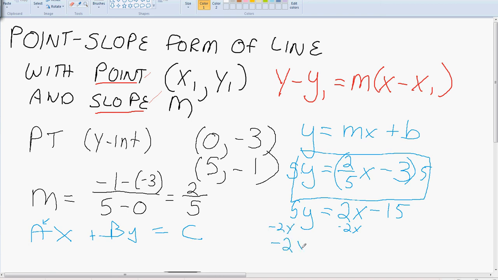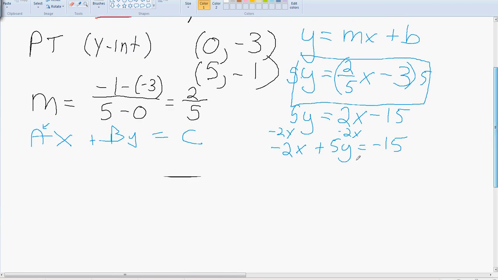I've got negative 2x plus 5y equals negative 15. It's almost there, but we usually like the first coefficient to be positive. We can get that simply by multiplying both sides of the equation by negative 1. This gives us 2x minus 5y equals 15.